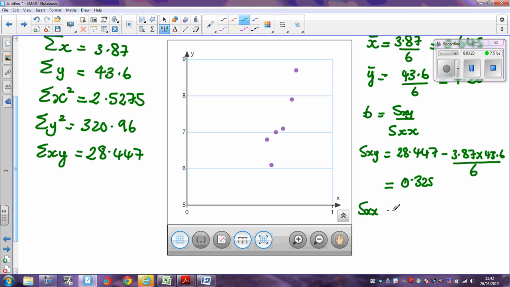Okay, so let's go on and work out sxx. Sxx is going to be sigma x squared, that's 2.5275, minus sigma x squared, that's 3.87 squared divided by 6, and sxx comes out as 0.03135.